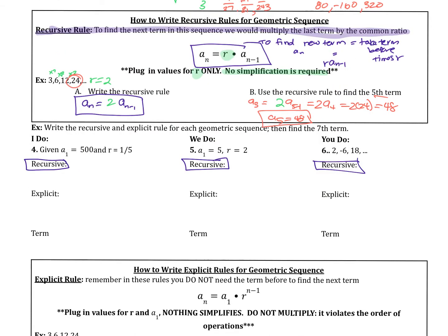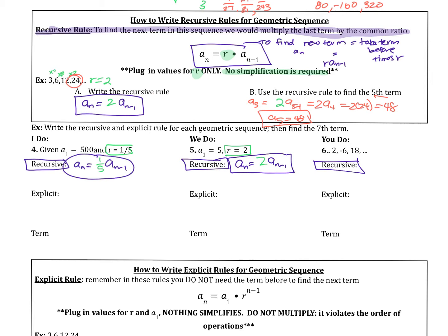Okay, number 4. So a sub n equals the r value, which is 1/5, times a sub n minus 1. That's the recursive rule. This whole thing needs to be here. You need to make sure there are subscripts there, but nothing else should be written. Similarly, on number 5, a sub n equals my r value, 2, times a sub n minus 1, and there's my recursive rule.